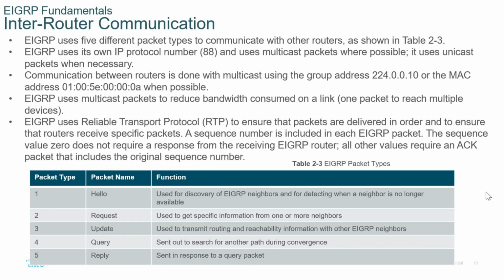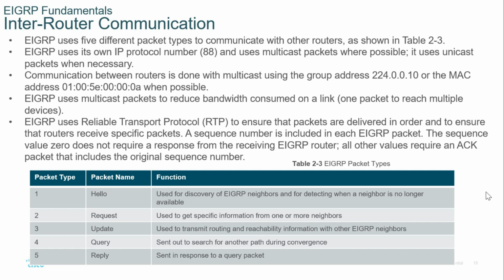Okay, so now bila kita nak form neighbor relationship dan tukar information mengenai distance tadi, cara router-router ni communicate adalah menggunakan specific packets. So untuk EIGRP, kita ada 5 main EIGRP packets. Ada lagi yang lain, tapi yang penting adalah 5 dalam table tu. 1 hello, 2 request, 3 update, 4 query dan 5 reply.